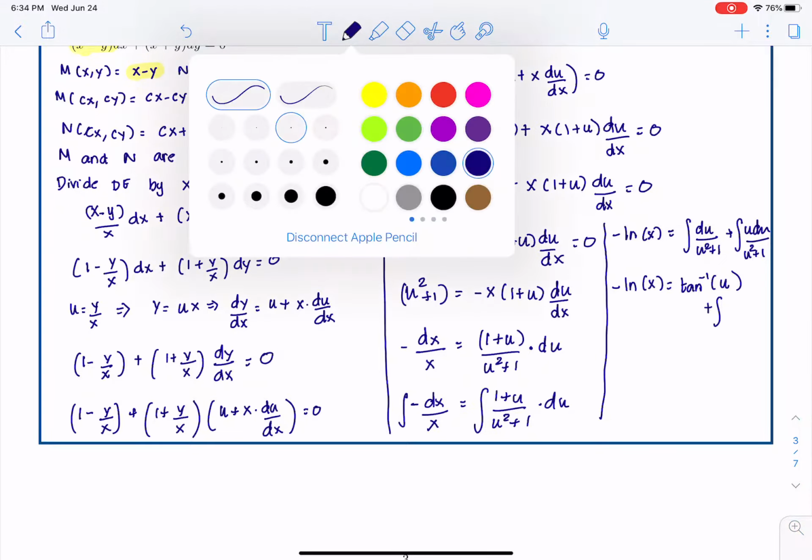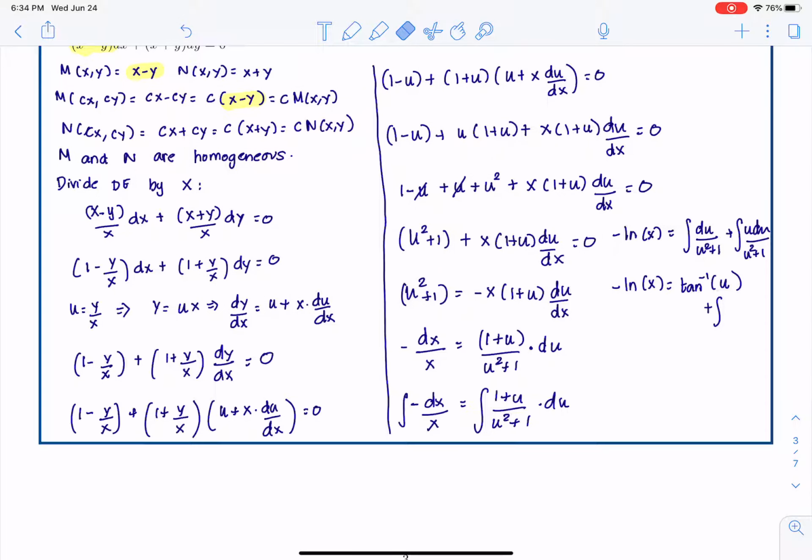I could use the substitution t equals u squared plus 1, which would imply dt is 2u du, which would imply u du is dt over 2.